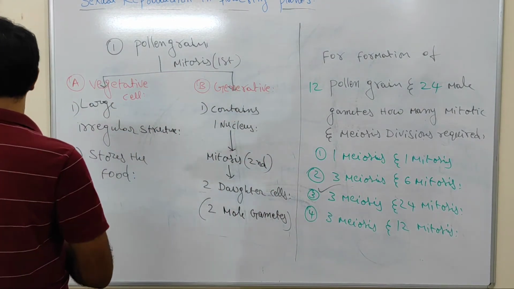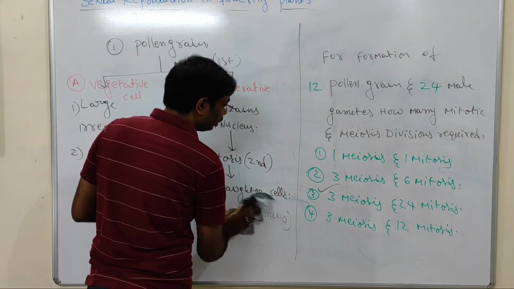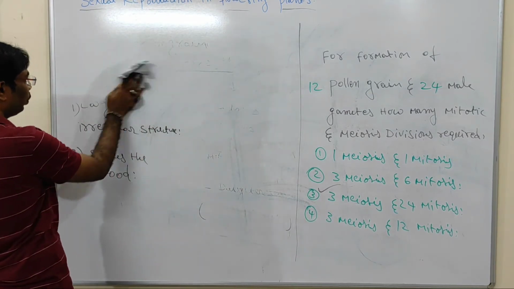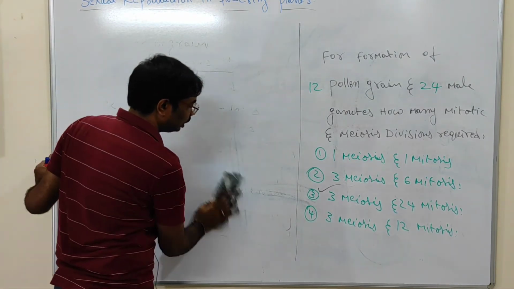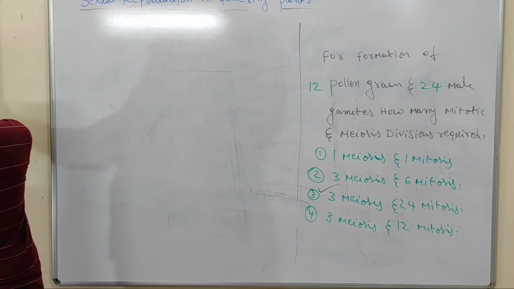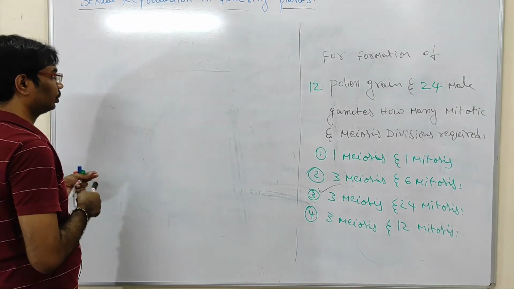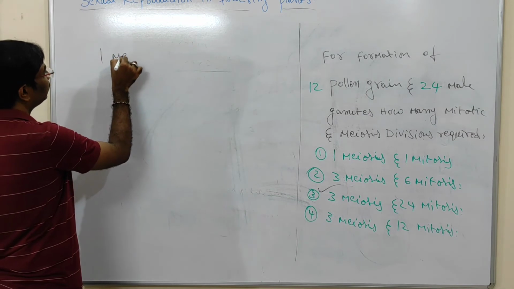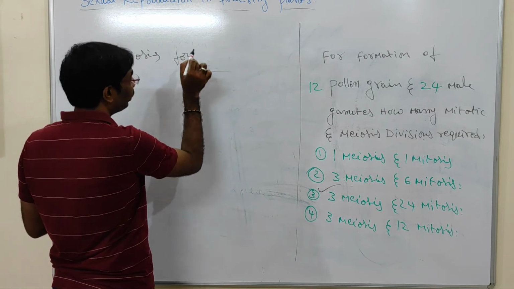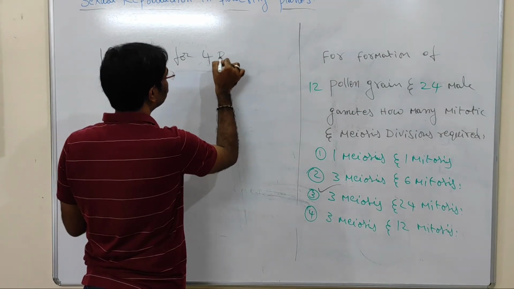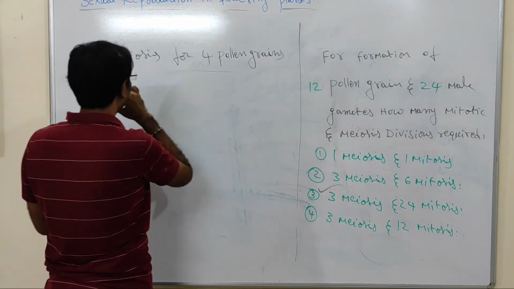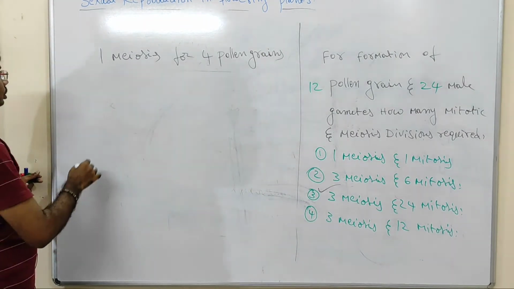So 3 meiosis. One meiosis will produce how many pollen grains? One meiosis produces 4 pollen grains.